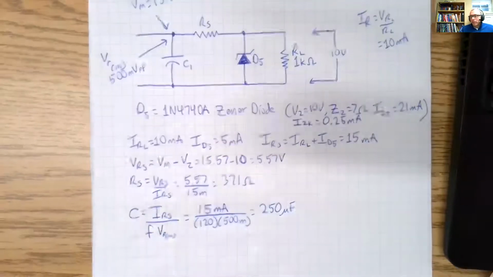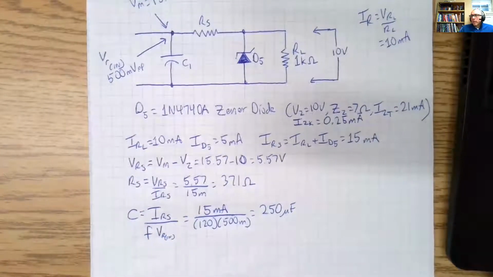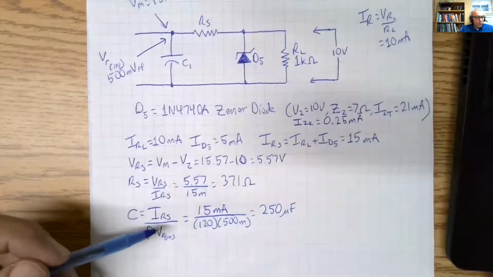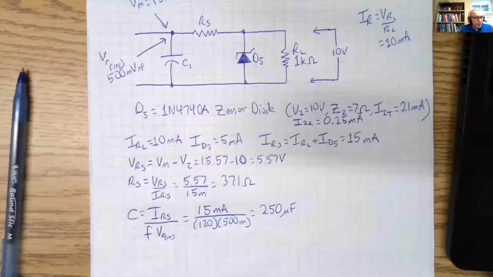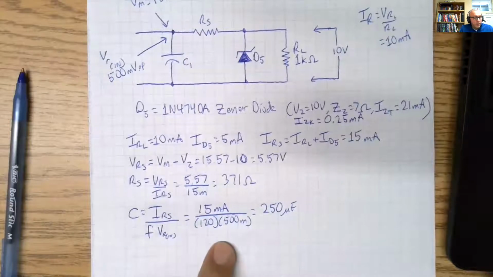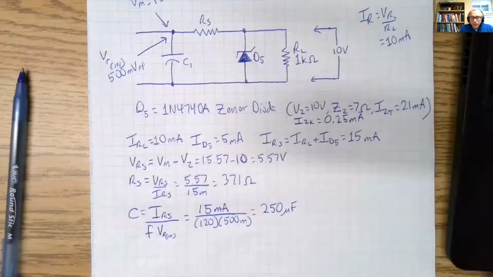So you might be saying to yourself, why don't we just eliminate all of the ripple here? But what ends up happening is, suppose we wanted to drop that down to 100 millivolts peak to peak right here. That means we would need a capacitor that is 1.25 millifarads.